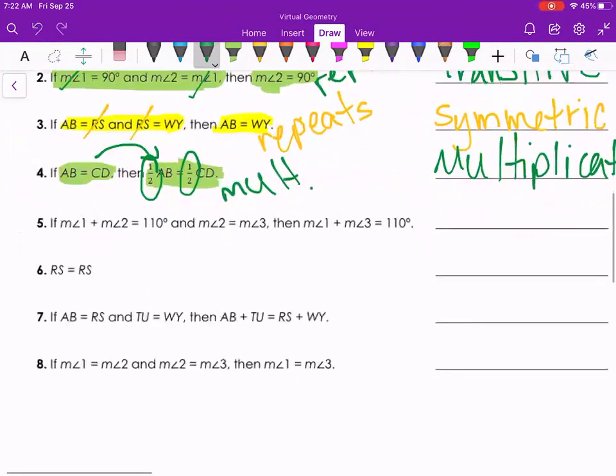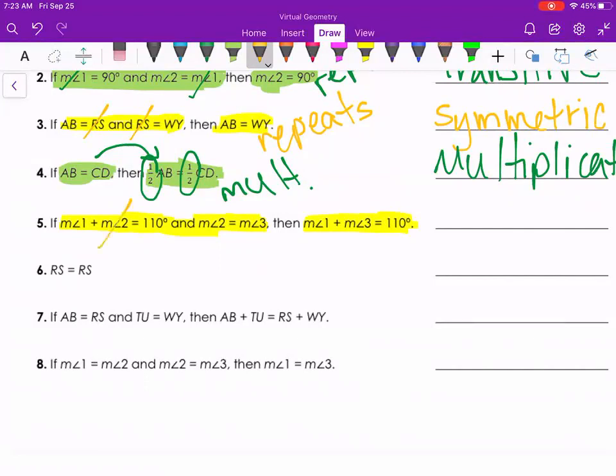All right, let's look at our next one. So if the measure of angle 1 plus the measure of angle 2 is 110, and the measure of angle 2 is equal to the measure of angle 3, then the measure of angle 1 plus the measure of angle 3 is 110. All right, so let's compare here. What happened from beginning to end? All right, so notice that angle 2 is the same as angle 3.